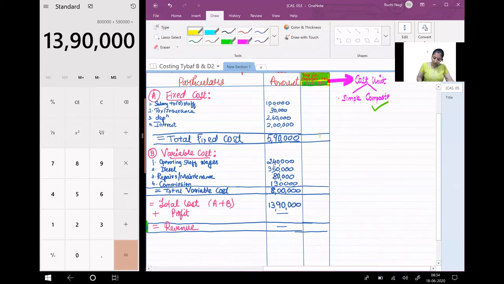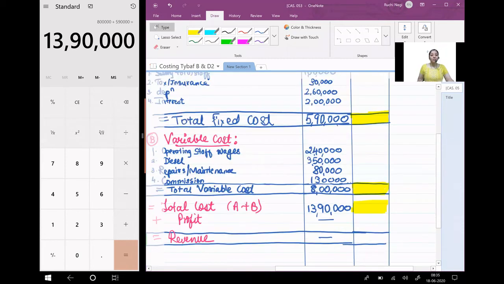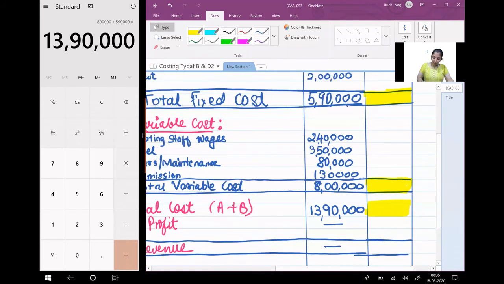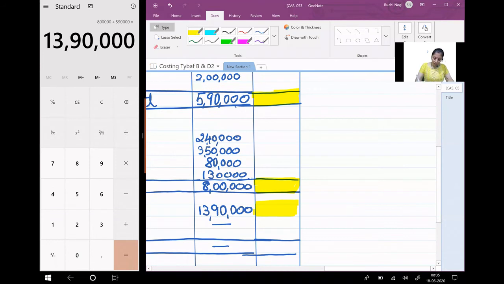Now, how to calculate this, this and this? Okay? Remember in costing, how did you calculate the CPU column? What was the formula to calculate the CPU column? How do you calculate the cost per unit column?